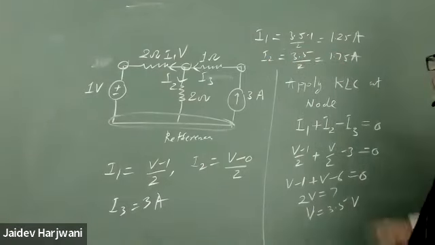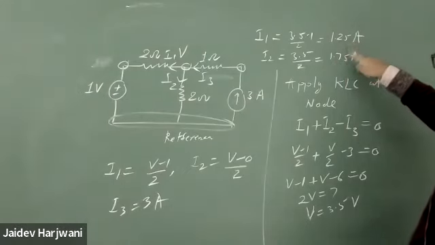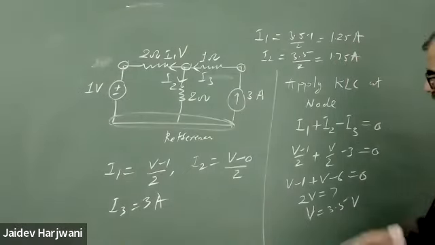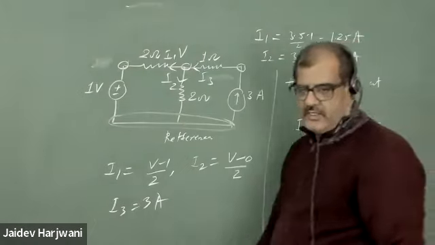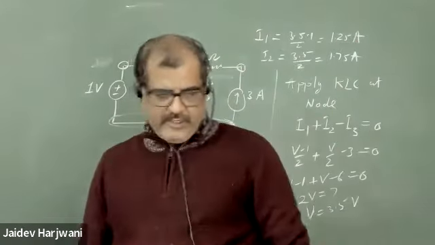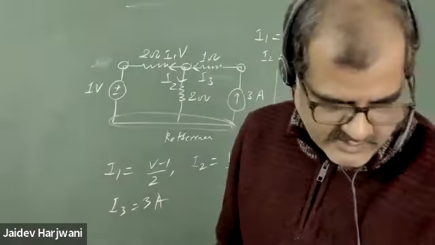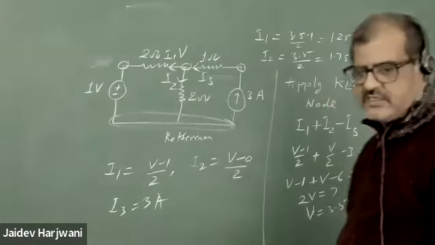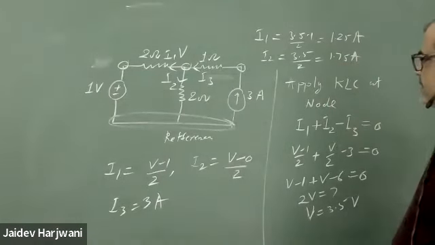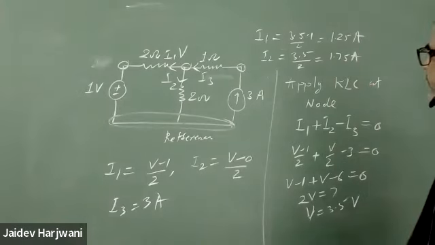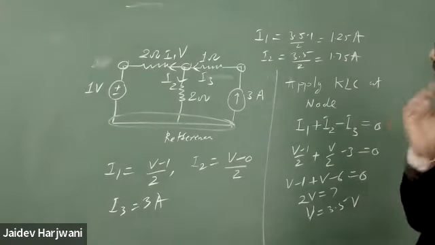So these outgoing currents, 1.75 and 1.25, total 3 ampere, and I3 is the incoming current. Outgoing current should equal incoming current, so you can check whether there is a mistake in the calculations. In this way we have solved it.